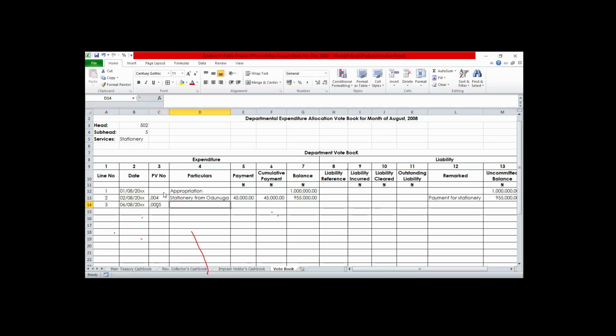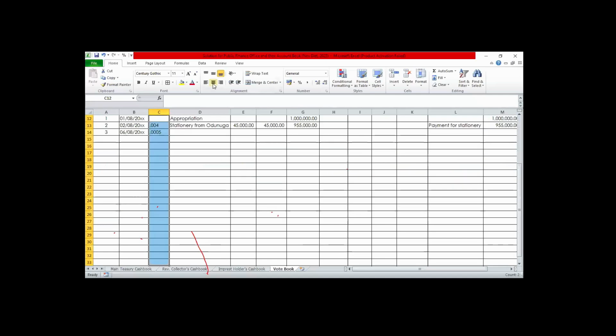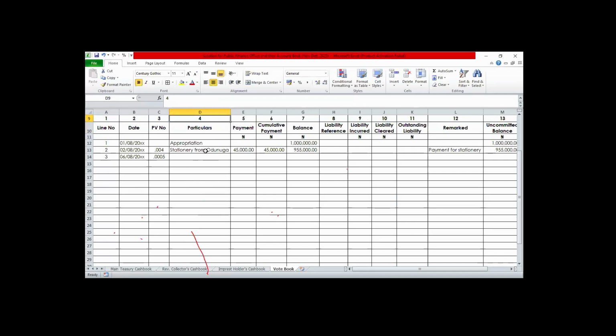Okay. For the supply of stencils from Abiola Bookshop. You can indicate the name in the remark in order not to be duplicating our effort. Do you understand?